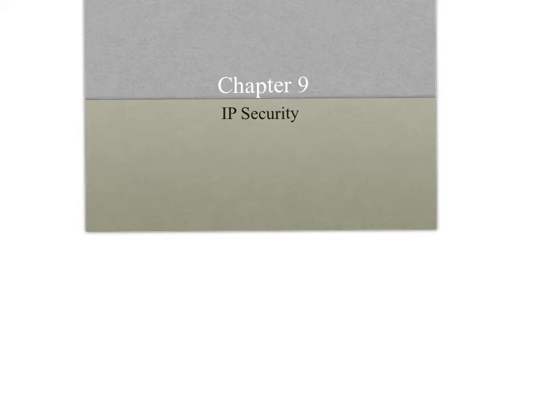Why do we need IP security? Because the connection is not secure. Which connection? Not from point to point. The network infrastructure is not secure.